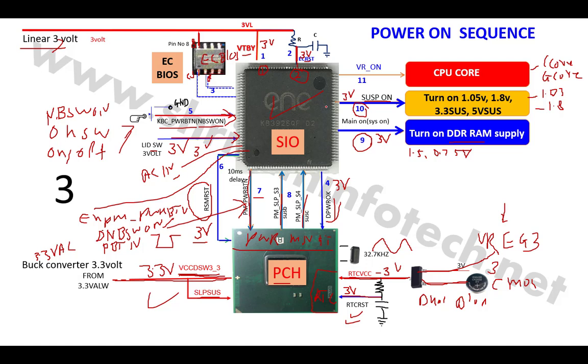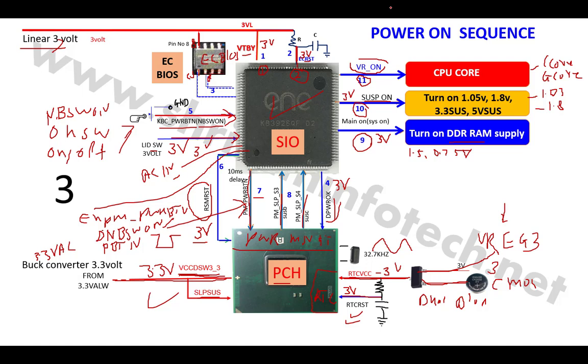The CPU is basically the king of the entire motherboard. So once all powers are stable, then the SIO will turn on step number 11. This is called the CPU core, and for that the SIO will generate this VR on signal. Here is the VR on signal. That's step number 11.